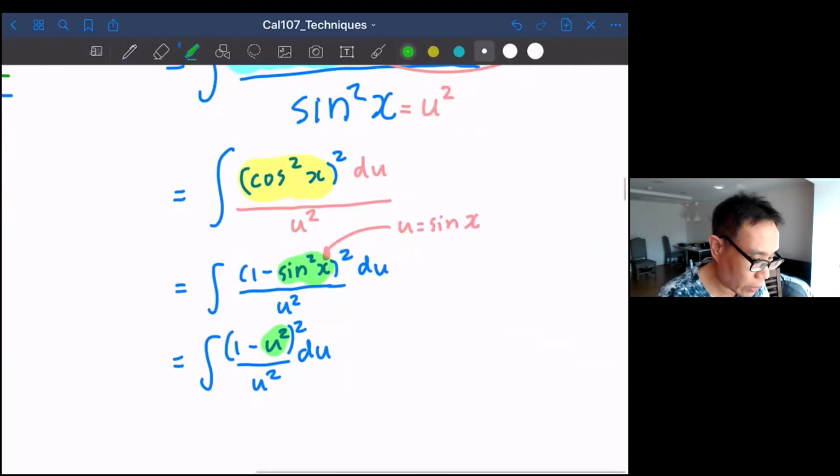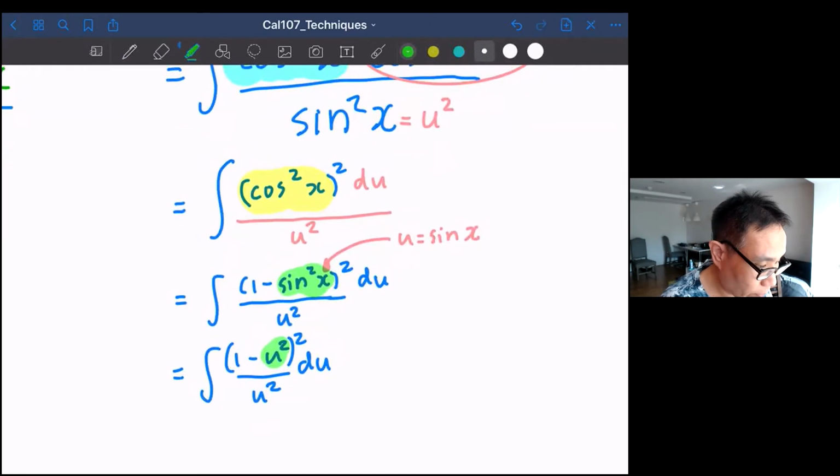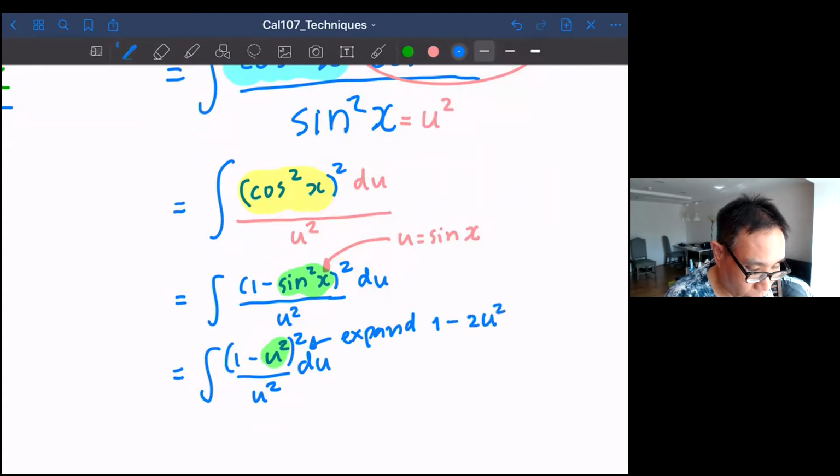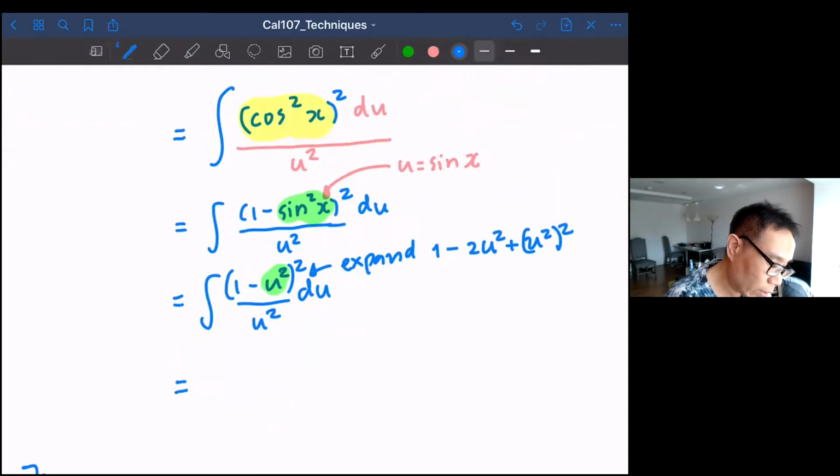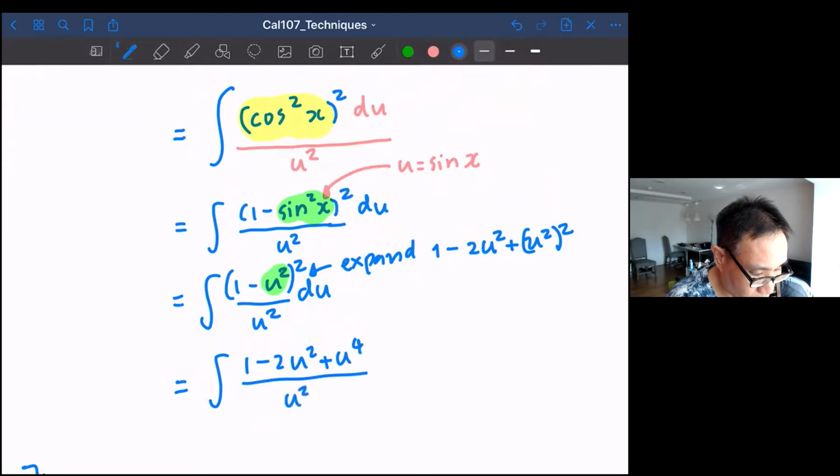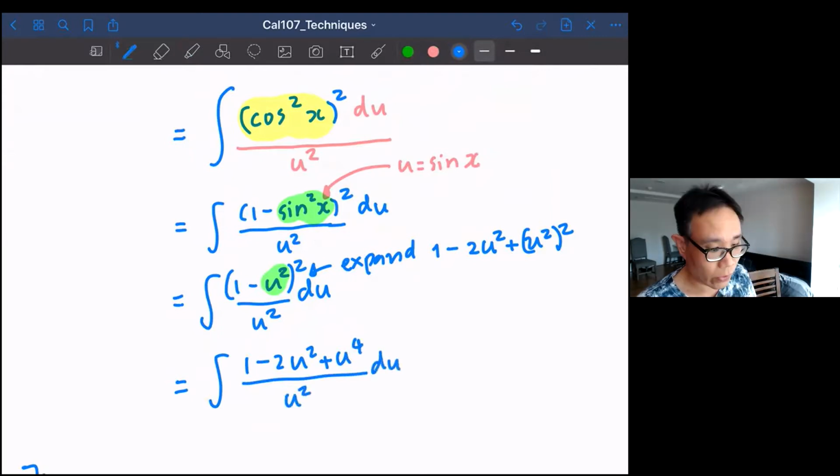In order to integrate this term, you're going to expand it. You expand this one, you get 1 minus 2u squared plus u squared, squared. So you get the integral of 1 minus 2u squared plus u to the fourth over u squared du.